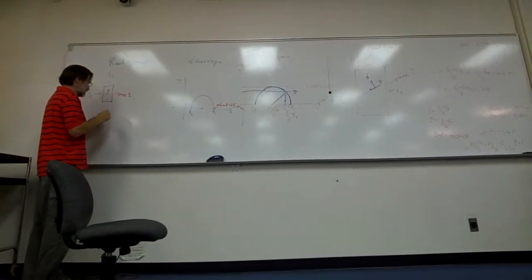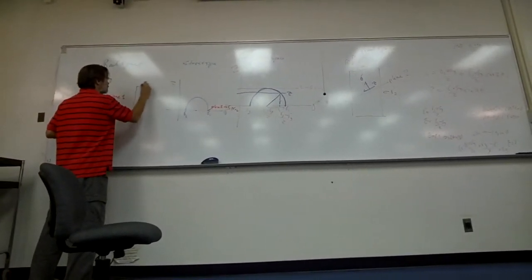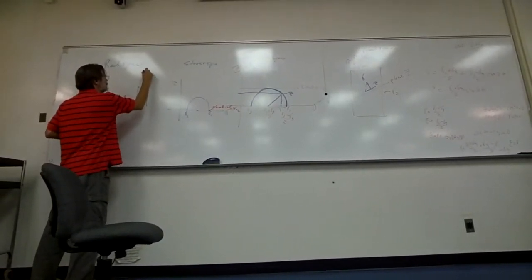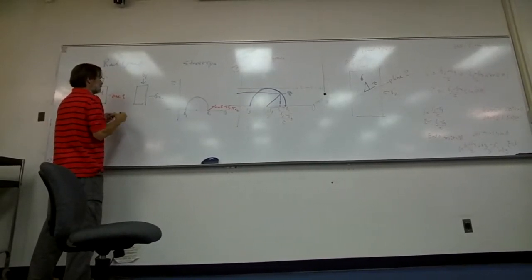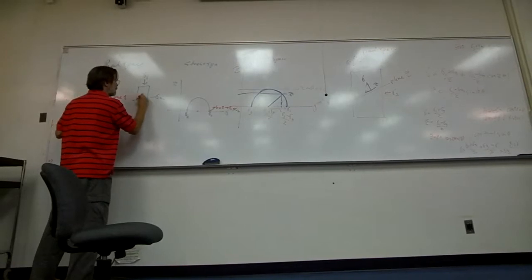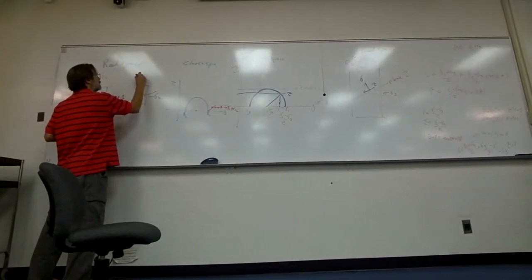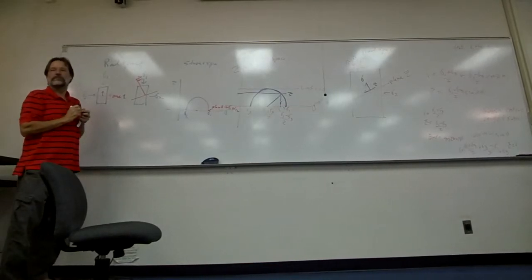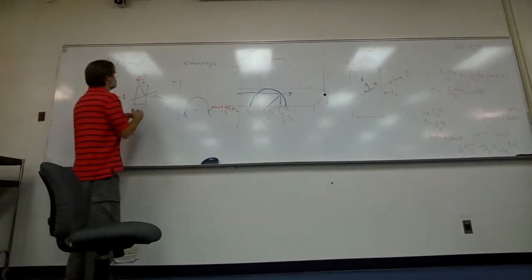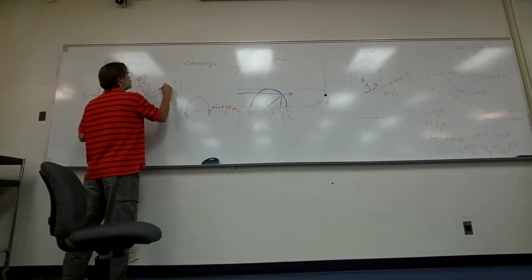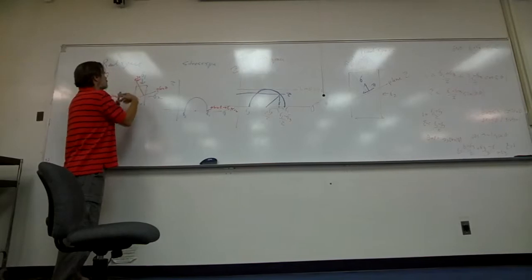Let's take case 2. Sigma 1, sigma 2. Now I'm going to have a plane that's here, such that that angle is, say, 20 degrees. Let's call this plane 2. Theta is 20.